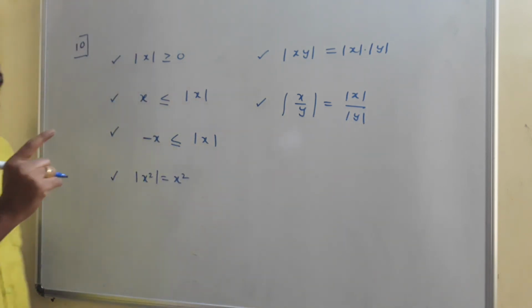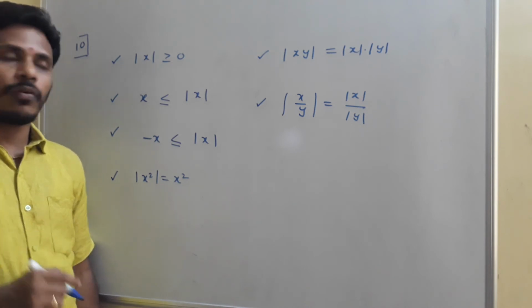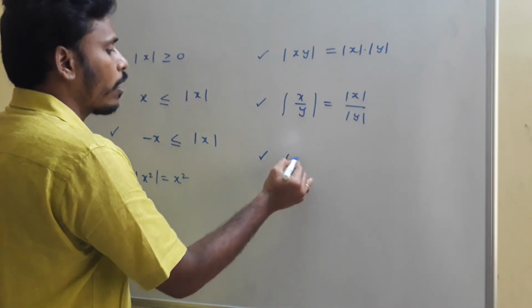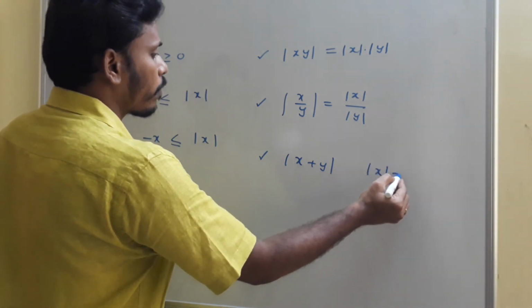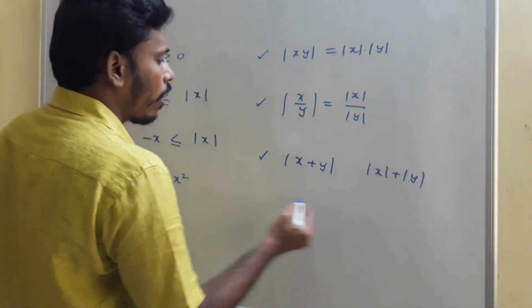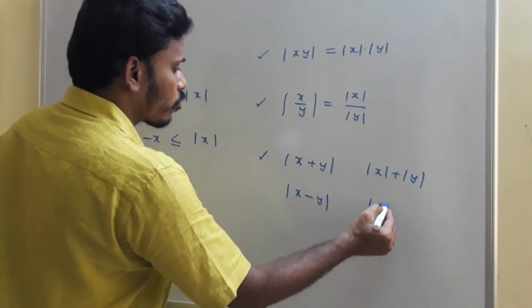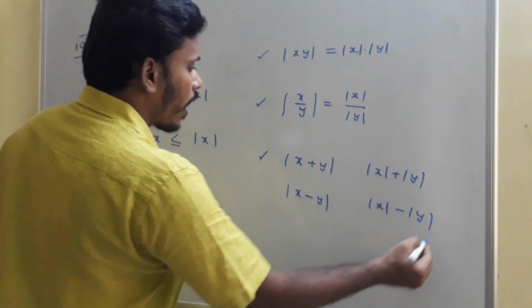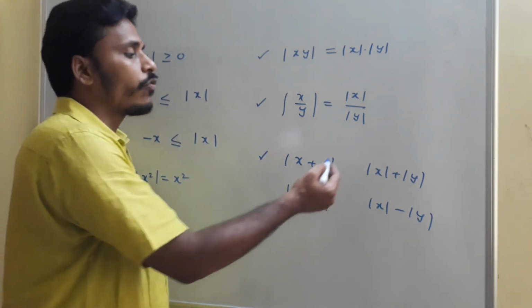Mod xy is mod x into mod y, mod x by y is equals to mod x by mod y. But what do you say about modulus of x plus y, whether it is equals to mod x plus mod y, or modulus of x minus y, whether it is equals to mod x minus mod y? We are not sure about the equality between these two relations.